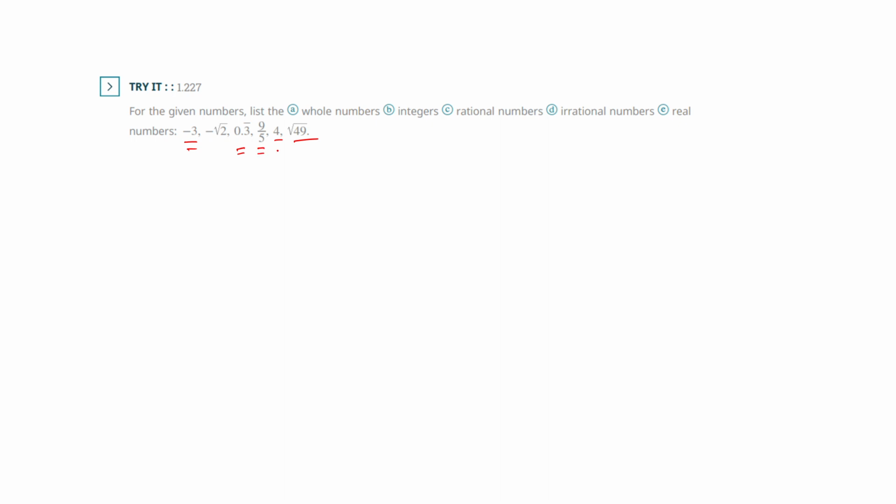This already is 1. 4 can. And that can too because he's really just 7. Now, irrational numbers are those that don't repeat. So this guy is an irrational number. Now this is really 7, so he's fine. Now real numbers. They're all real numbers as long as we don't have a negative under a root, so all of them are real.